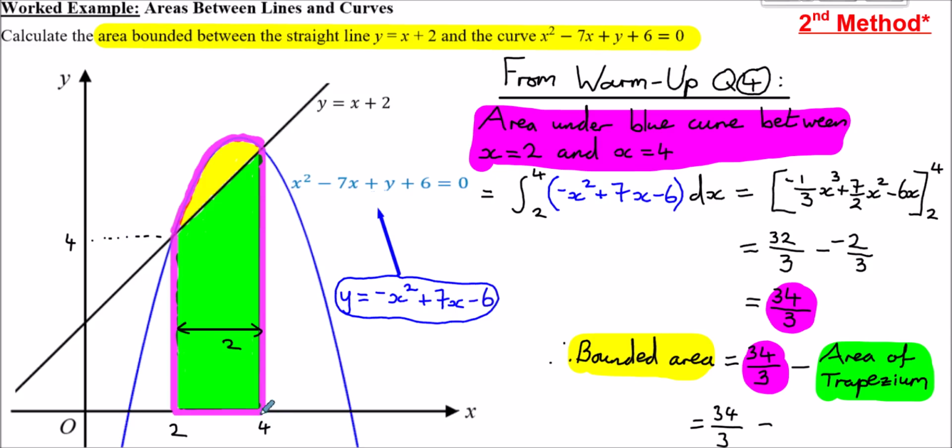And when x is 4, 4 plus 2, this is going to have a height of 6. So the area of this trapezium is going to be half, add together the two parallel sides, so 4 plus 6, multiplied by the width, which is 2. So half of 4 plus 6, half of 10 is 5. 5 times 2 gives us 10. So the area of this trapezium is going to be 10.